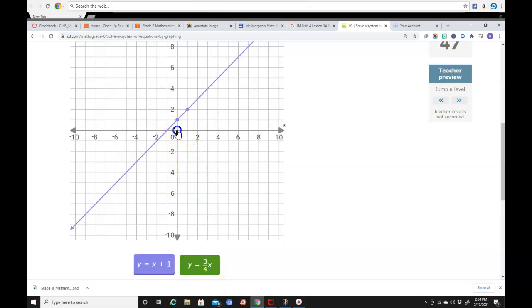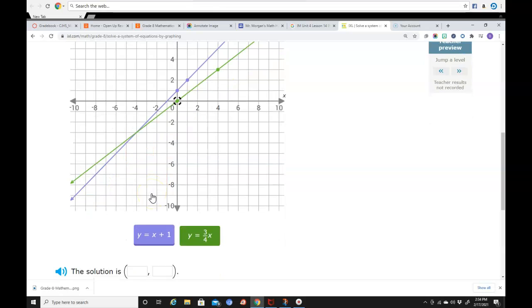So I'm going to click my point there. Now I have to go up 3: 1, 2, 3. And I have to go over 4: 1, 2, 3, 4. Okay? Then if you notice, there is an intersection right back here at the bottom of the line. So even though it's at the bottom, that's still our solution. So make sure you put your negative in.